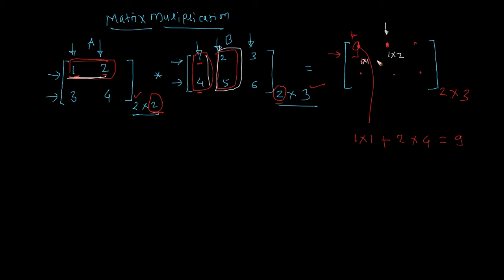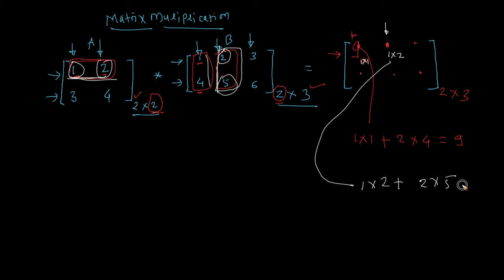So if I do this, I get first row, second column, 1 into 2 plus 2 into 5. This 1 into this 2 plus this 2 into this 5, which is equal to 2 plus 10, which is 12. So this is 12 here. Similarly, this element is called first row and third column, 1 cross 3, right?